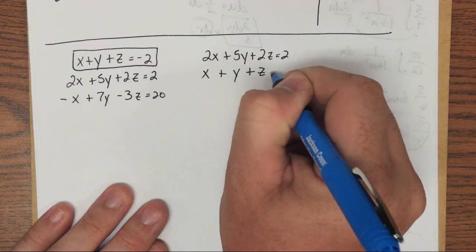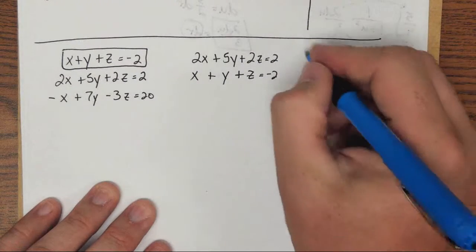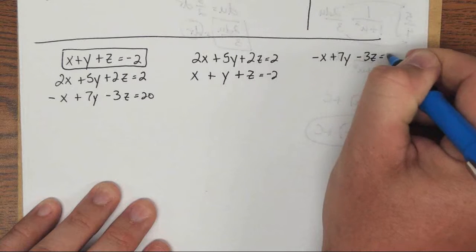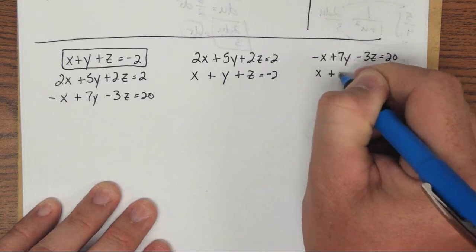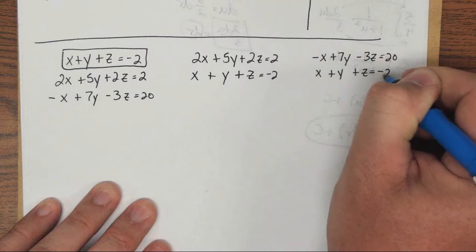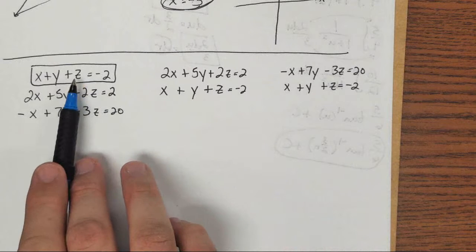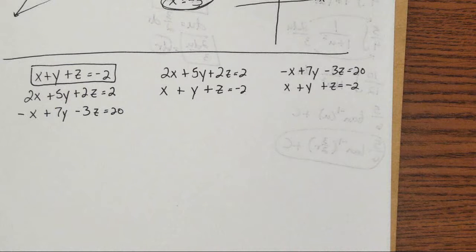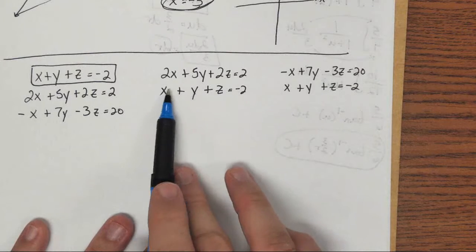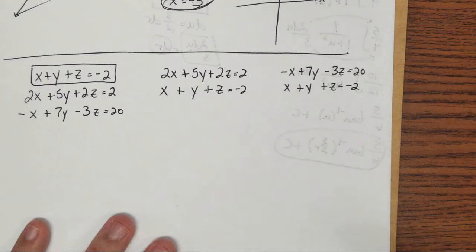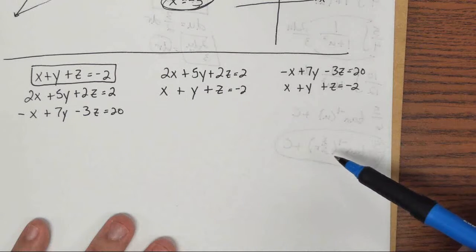And you're going to take your third equation, which is -x plus 7y minus 3z, and pair it with that same equation. You're using the single equation to eliminate one of the variables in the other two equations. Again, it doesn't matter if you eliminate X or Y or Z, but here's what matters. If you're going to take these two and eliminate X here, you've got to do the same thing here, because what you want to end up with is two equations that have the same variables.